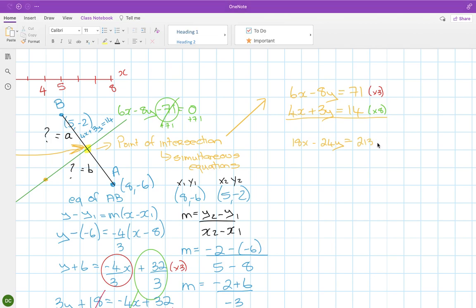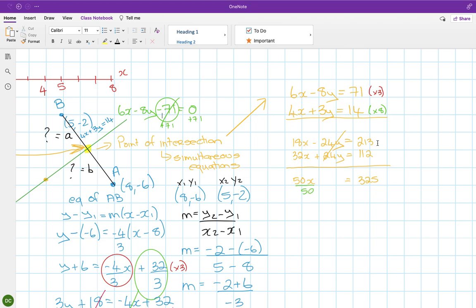Then 4 8s are 32, 3 8s are 24, and 14 times 8 is 112. That cancels my y's. 18 plus 32 is 50x. And 213 plus 112 is 325. Divide by 50, divide by 50.